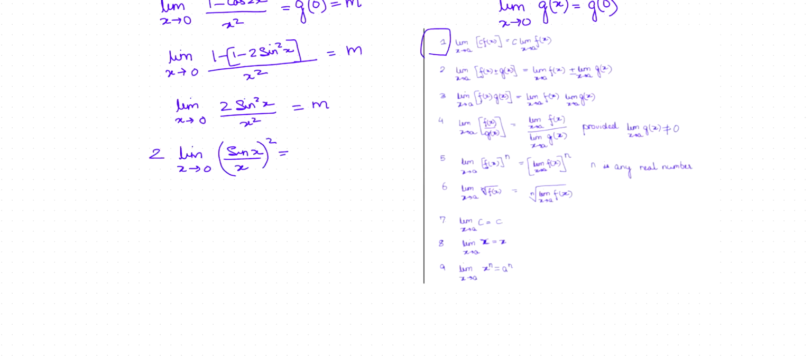Now we can use this fifth property. So this gives 2 times the limit as x tends to 0 of (sine x over x) square is equal to m.